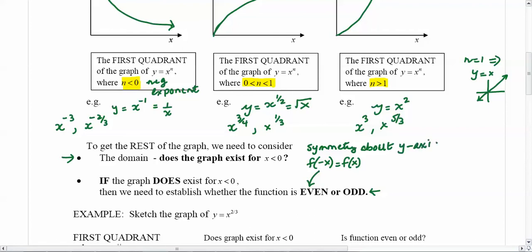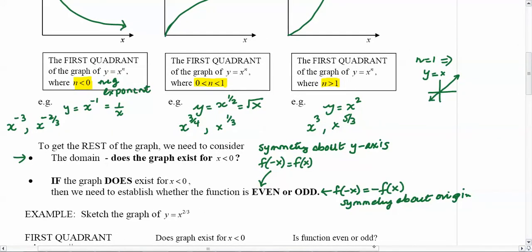An odd function is one where the output for negative x is the negative of the output for x, and such a graph we say has symmetry about the origin, which is a little harder to visualize in terms of symmetry about a point. What that means is you can think of it in two different ways.